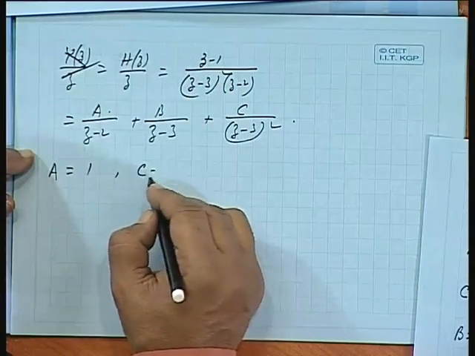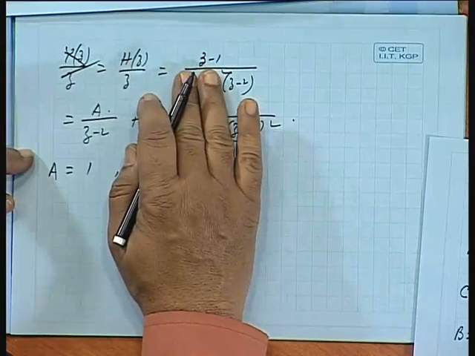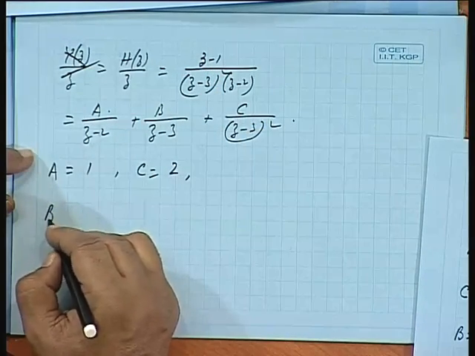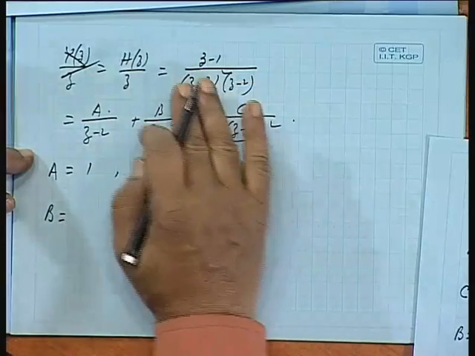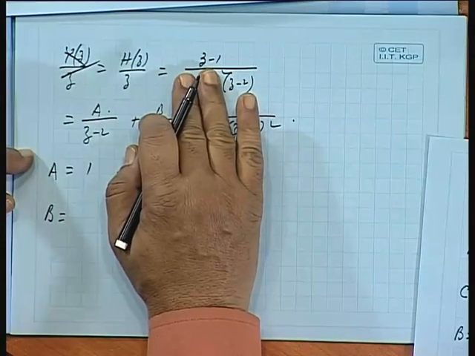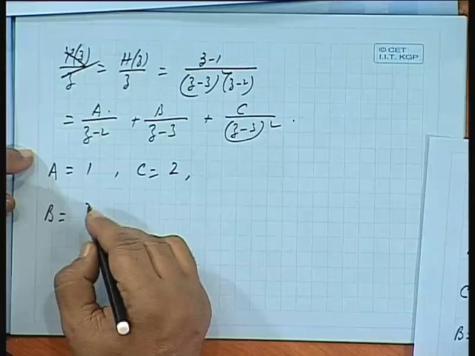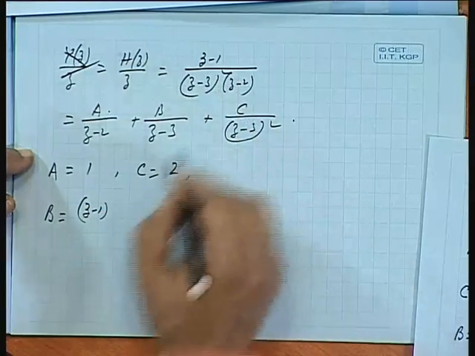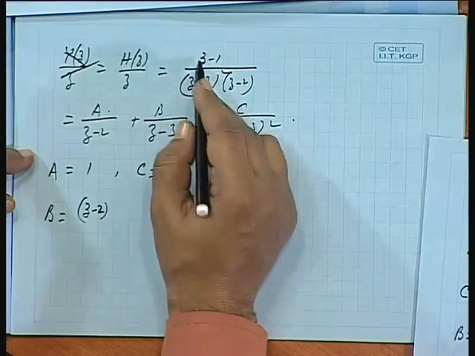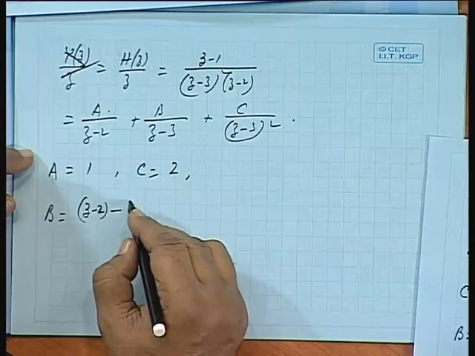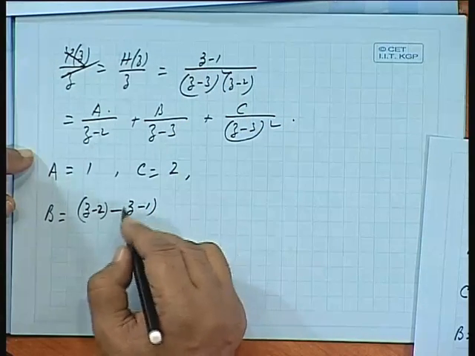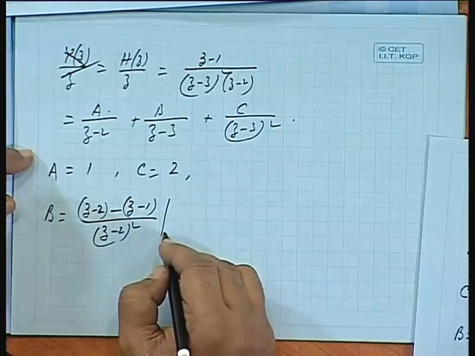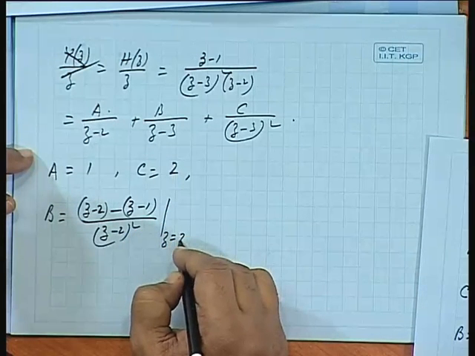Then C, z minus 1 by z minus 2 at z is 3, so it will be 2, and B will be, if I take the derivative of z minus 1 by z minus 2, it will be z minus 2 into derivative of this is 1 minus z minus 1, divided by z minus 2 whole square, evaluated at z is equal to 3.